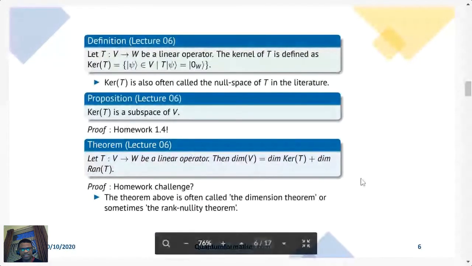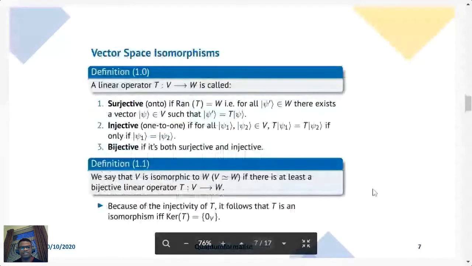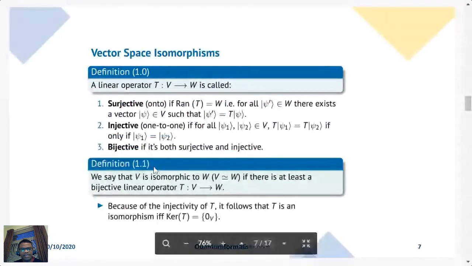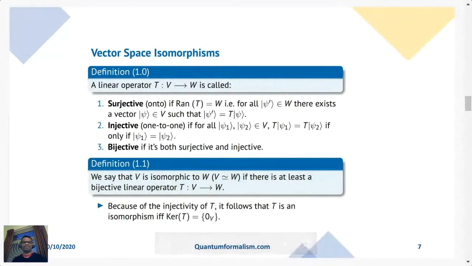So the first definition of this session, let's dive straight into the concept of isomorphism. So a linear operator from V to W. By the way, I'm assuming the domain of T is the entire V. I'm assuming that, which is natural, especially when we are dealing with finite dimensional vector spaces.